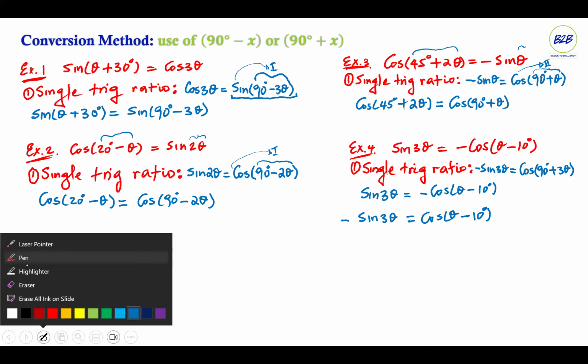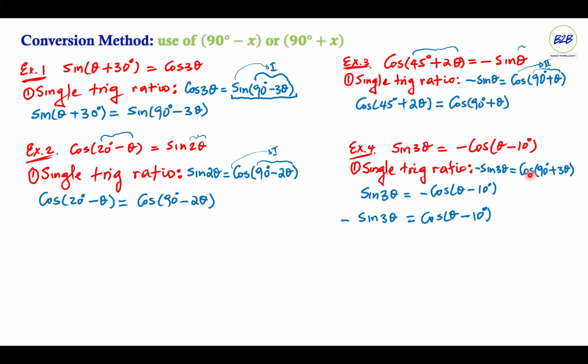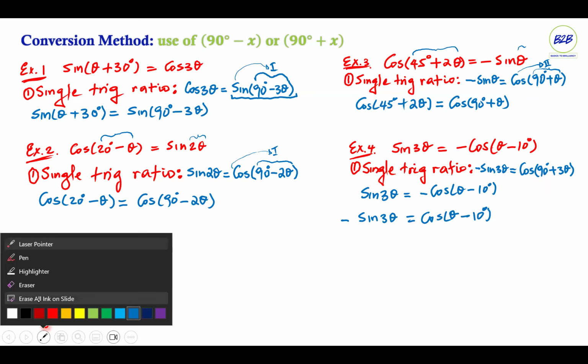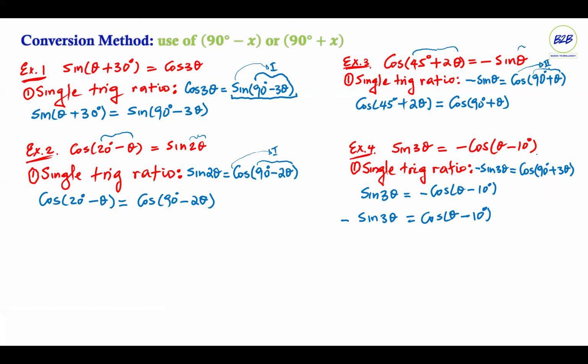So let us revise. Whenever our sine has a negative coefficient, -1, we always use 90 degrees plus to convert. Always, folks, always. Why? Because this goes to that thing of which quadrant is represented by 90 degrees plus 3 theta.